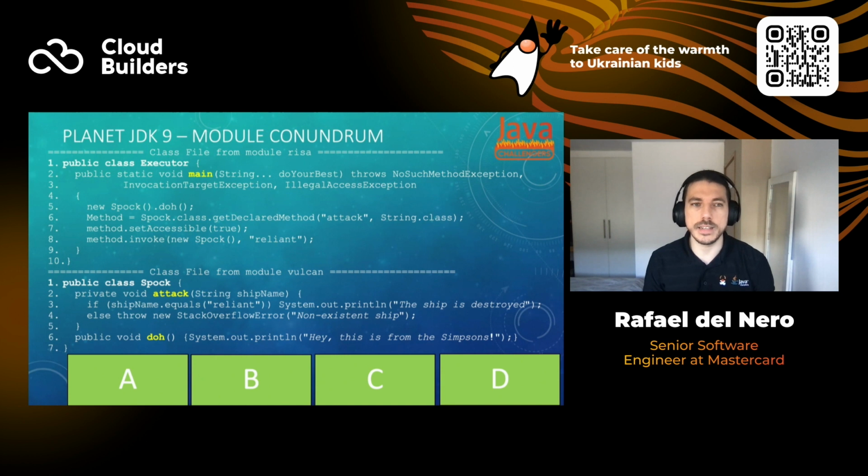We are using setAccessible. We are invoking that method. So notice that we are using reflection with the other module, the Vulkan module. Notice also that we have a private method, the attack method. I know it's not an easy challenge, but let's try it out. I'm going to show you the alternatives.